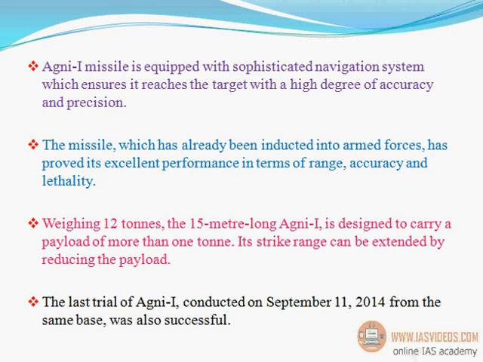Weighing 12 tons, the 15-meter-long Agni-1 is designed to carry a payload of more than 1 ton. Its strike range can be extended by reducing the payload. The last trial of Agni-1, conducted on September 11, 2014 from the same base, was also successful.